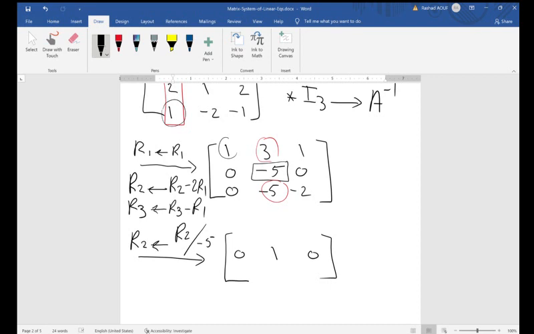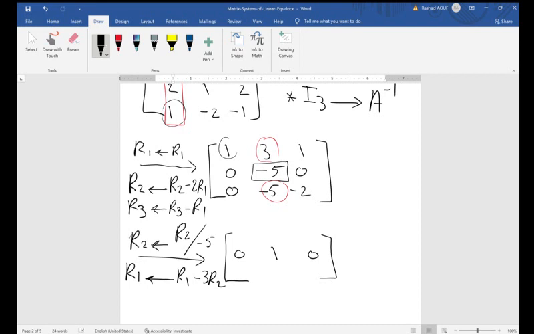So how can I make 3 a 0? 3 is in row 1, so make it row 1 minus 3 row 2. Every row I want to change, I put it as it is: row 1 equal to row 1 minus the coefficient, the opposite sign. See, it's plus, so I put it minus 3 row 2, the new row I obtain.